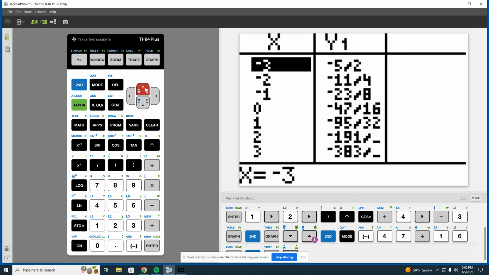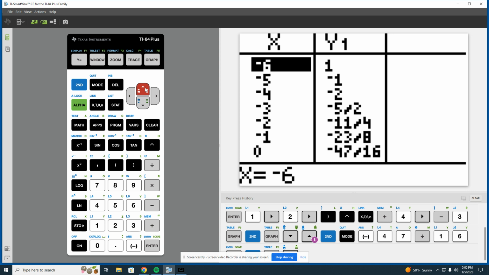Let me go back to my table, see if we have any good points. Oh yeah, we got some good ones. Here they are. I'm going to do all the ones that I can. So that's negative 7, and then positive 1, 2, 3, 4, 5. We've got negative 6, positive 1. We've got negative 5, negative 1. And one more good point, negative 4, negative 2.